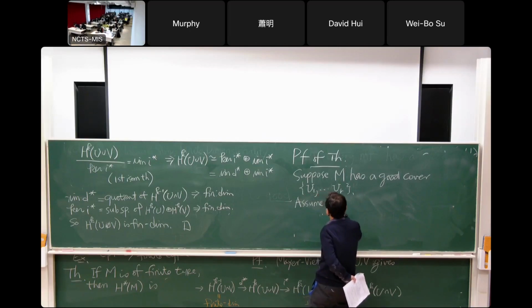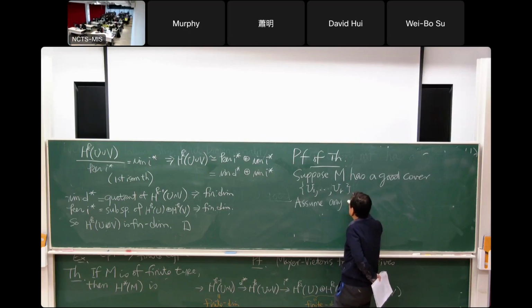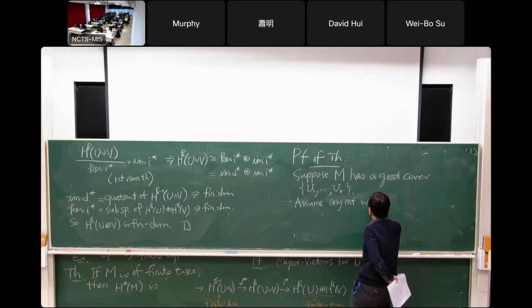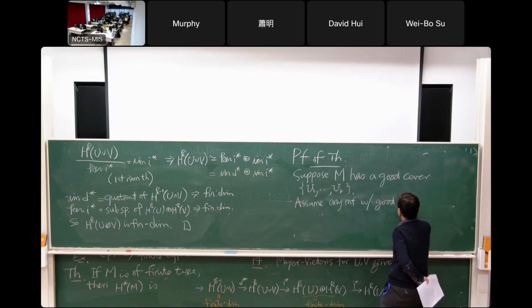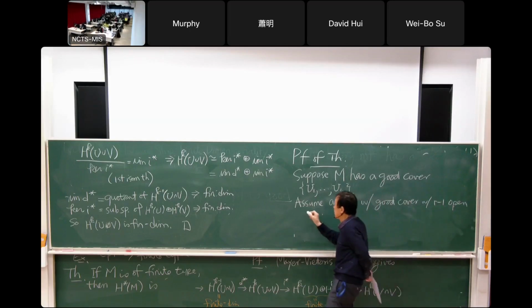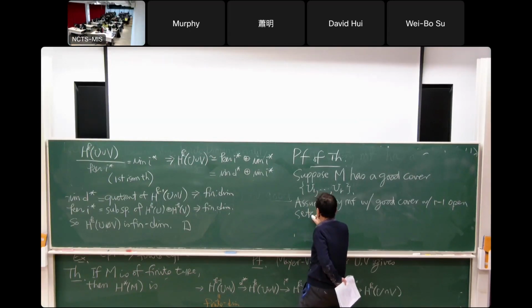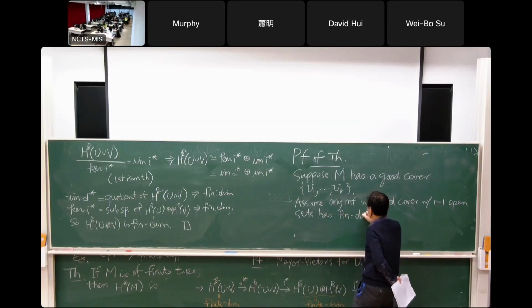Assume that any manifold with a good cover with r minus 1 open sets has finite dimensional cohomology.